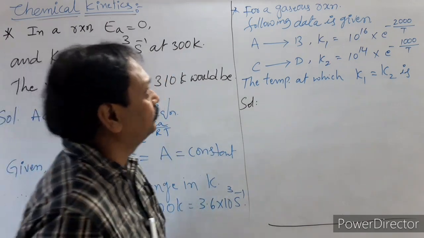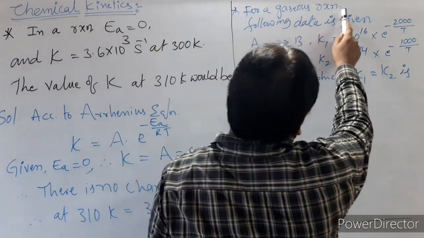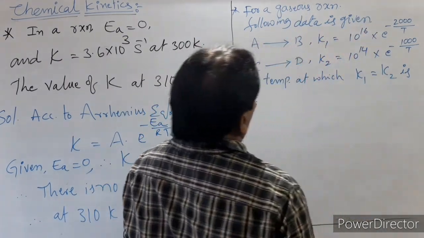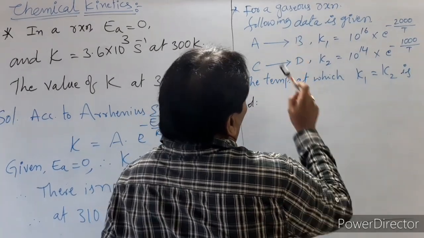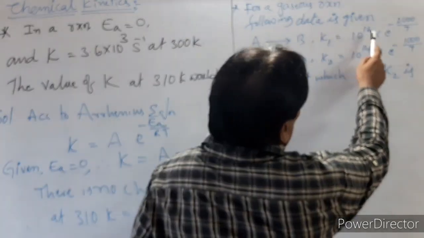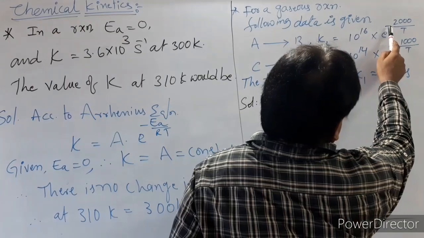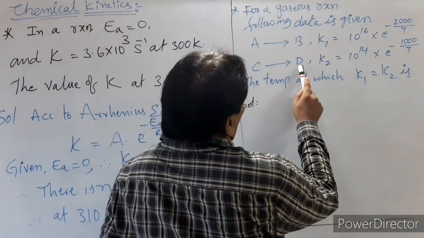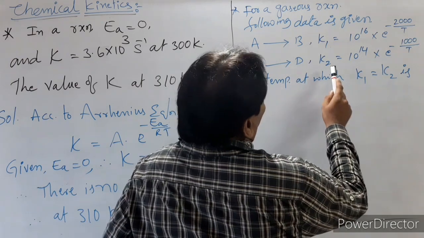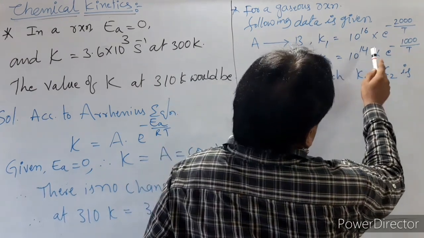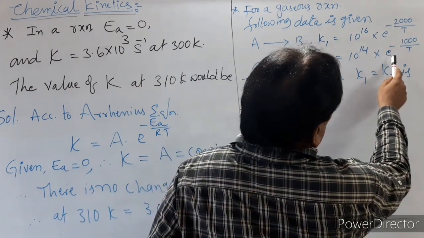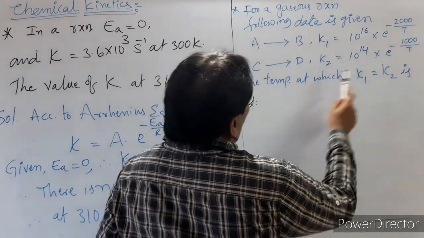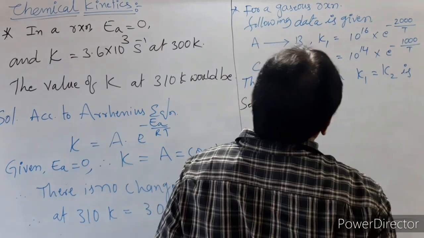Next problem. For a given gaseous reaction, the following data is given. A gives rise to B, K1 equal to 10 power 16 into e power minus 2000 by T. And C gives rise to D, K2 equal to 10 power 14 into e power minus 1000 by T. The temperature at which K1 equal to K2 is?